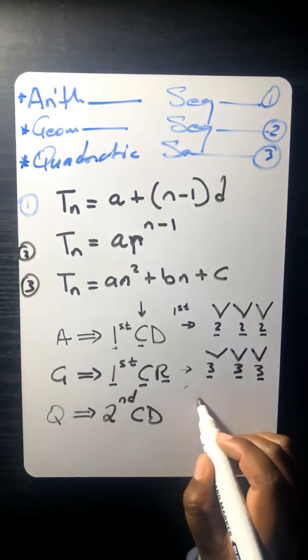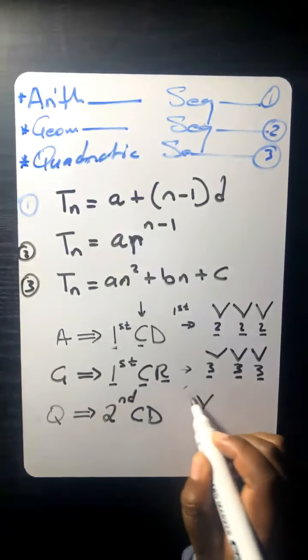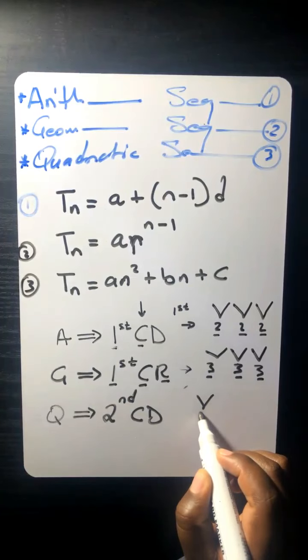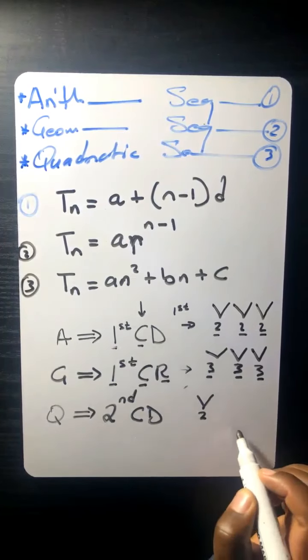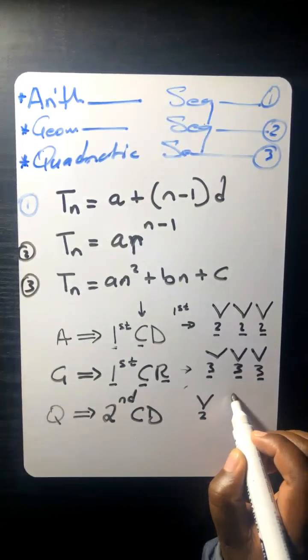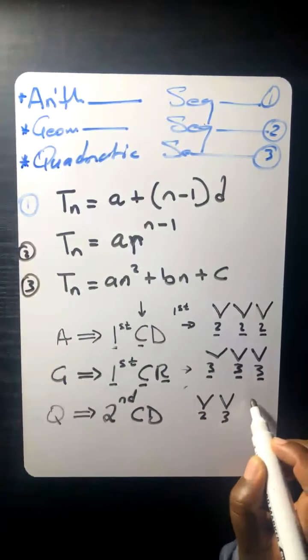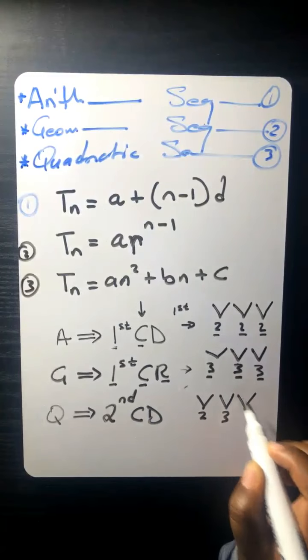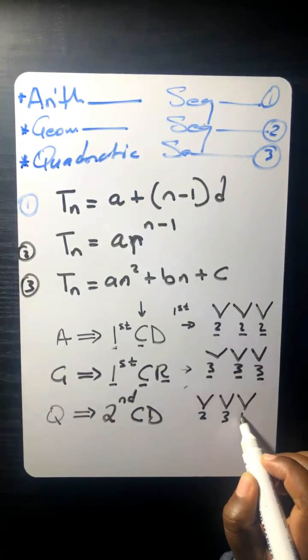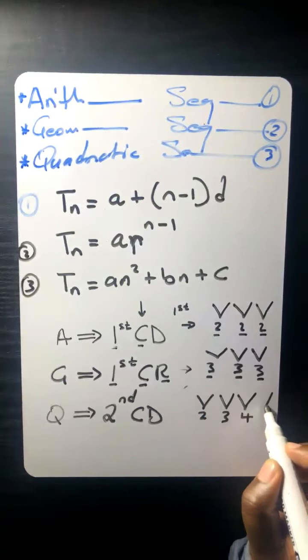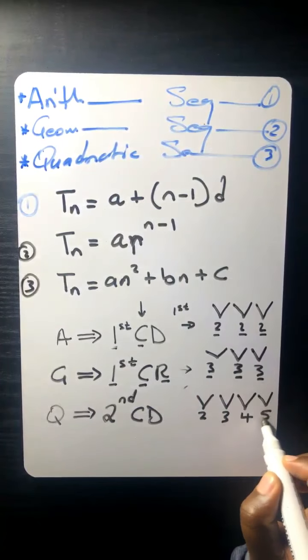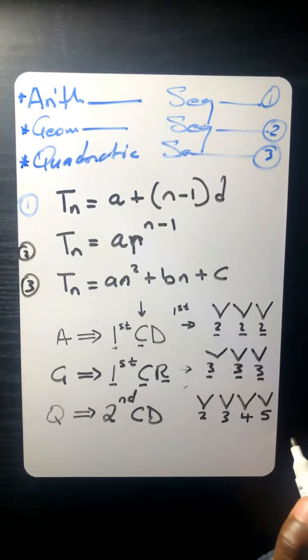For example, if you say term 2 minus term 1, let's say it gives you 2, and then you say this term minus that term, let's say it gives you 3, and then that one gives you 5. I'm just giving an example here, ladies and gentlemen.